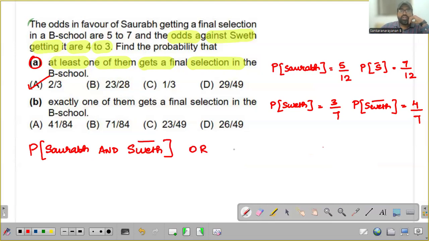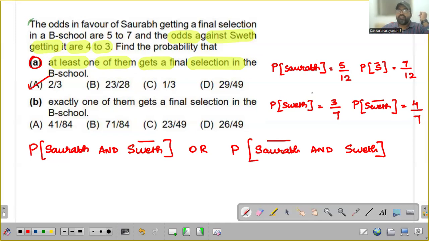Or they are asking you to find the probability that Saurabh is out and our Shwet is in. Please be aware of this, okay? They are asking you to find the probability that Saurabh is in and Shwet is out, or the probability that Saurabh is out and Shwet is in? Because exactly one of them should be getting the final selection.